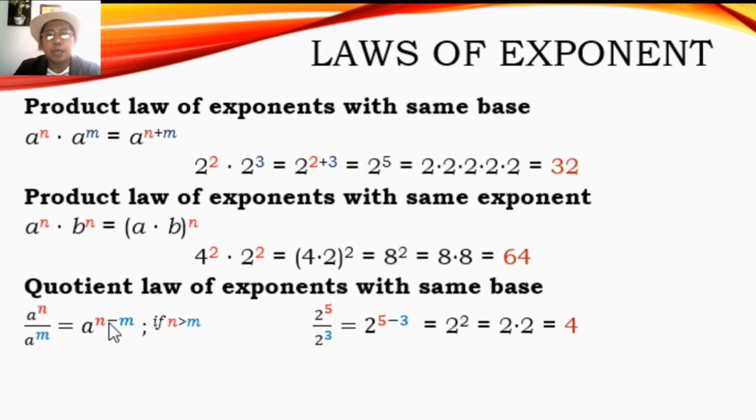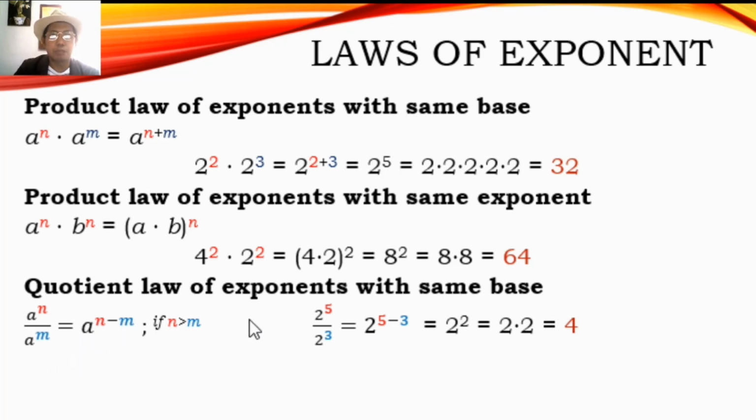I do this, n minus m, if the exponent n of the numerator is greater than the exponent m of the denominator. Meaning to say, if I notice that n is greater than m, I will be doing this one. That is the same as saying a raised to n minus m.